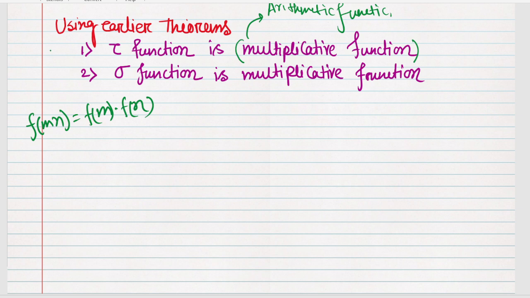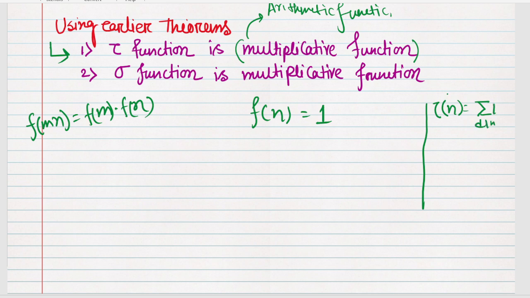Then we have to prove that the tau function is a multiplicative function. To prove that, we can assume a function f of n equals 1. There is a hint we saw earlier that F of n can be written as summation d divides n of 1. So we can easily see that f of n equals 1, which is always a multiplicative function.